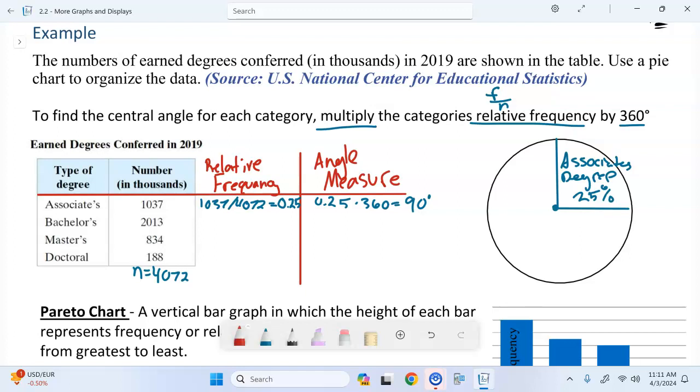Okay? All right, same thing for bachelor's. Frequency divided by the sample, 490. Times it by 360. 170 what?